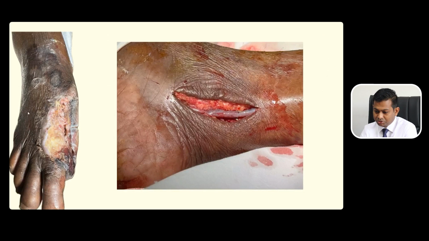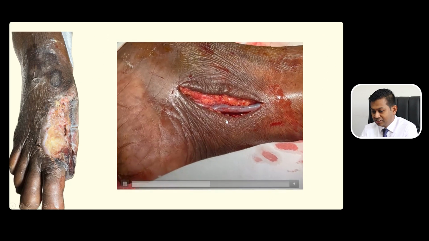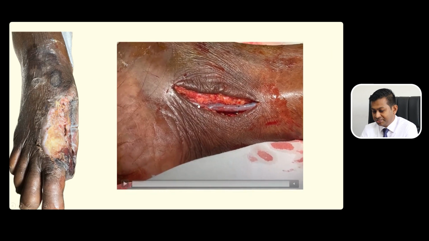This patient did not have any pulses, no dorsalis pedis, no posterior tibial. So this is what we did. If you can see, this is the posterior tibial, and there you can see there's an obvious pulsation after the surgery.